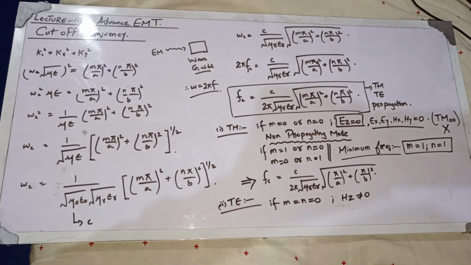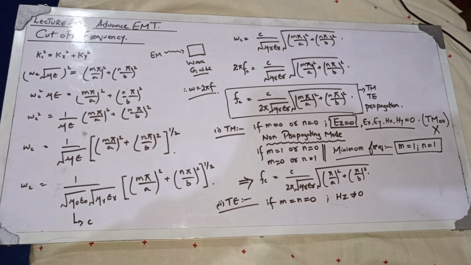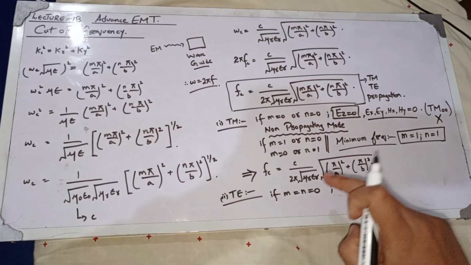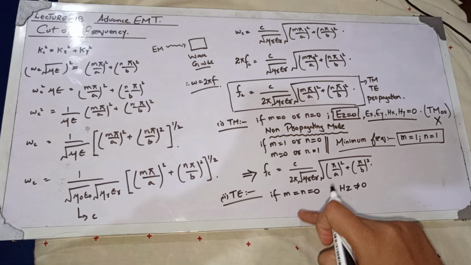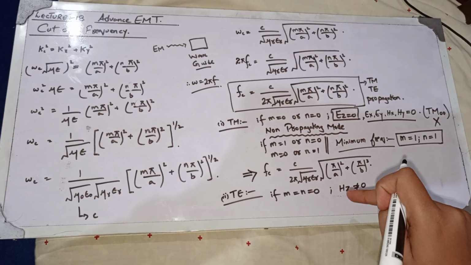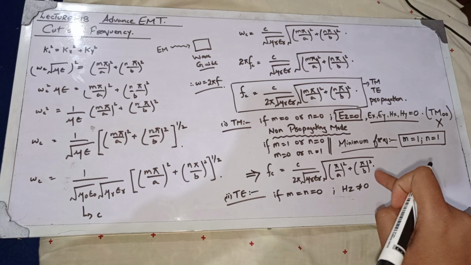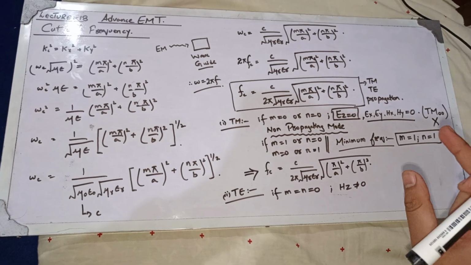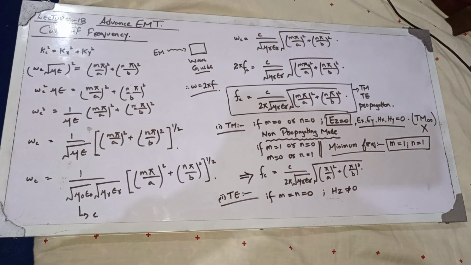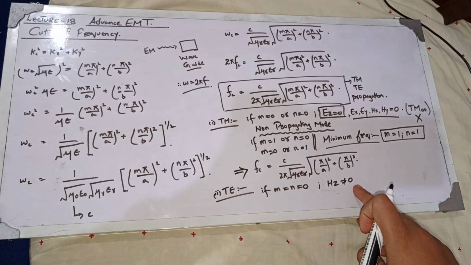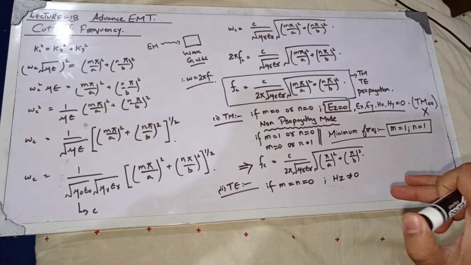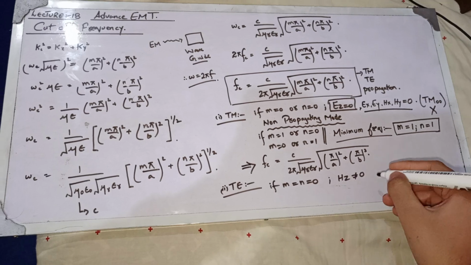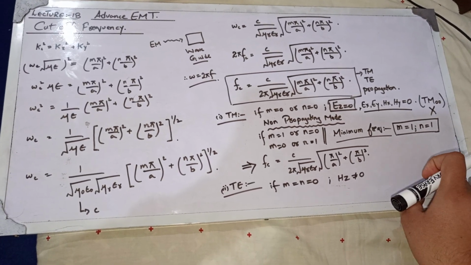In the expression of Hz in TE mode, there is a factor of cos of m pi by a x and cos of n pi by b y. If both are 0, cos 0 is 1, so it is not equal to 0. For all values of m and n, your Hz is not equal to 0.